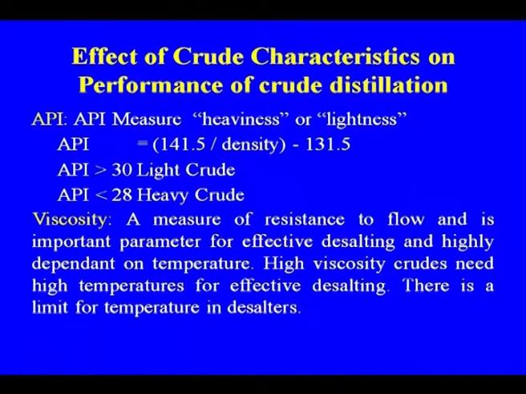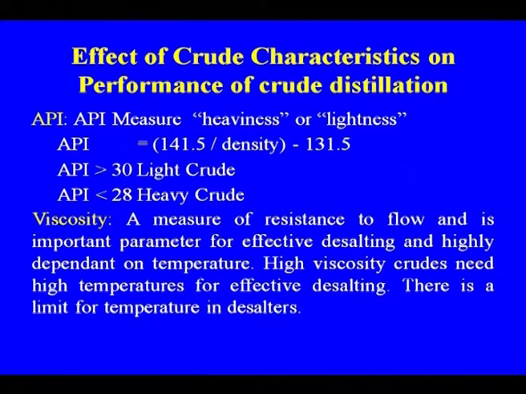Similarly, viscosity, a measure of the resistance to flow, is an important parameter for effective desalting. As I told you, low or higher viscosity will have an important role in the desalting, or the separation of the salts. High viscosity crude needs high temperature for effective desalting.